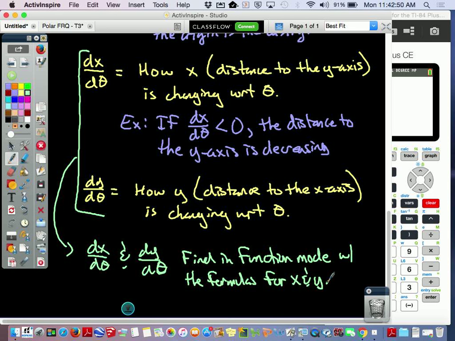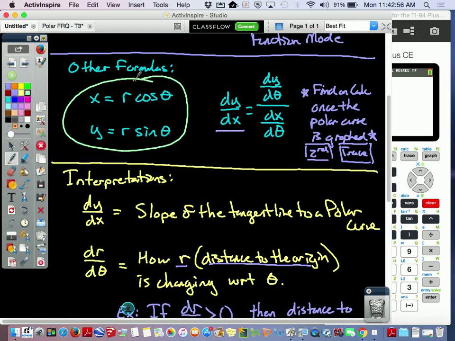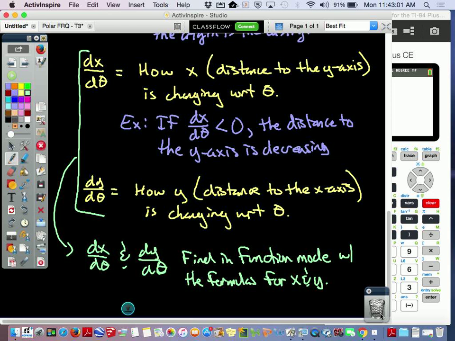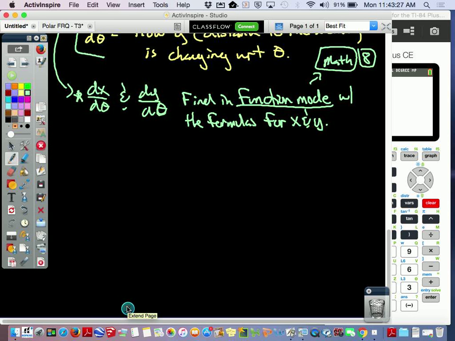Once you have these two formulas for x and y, you can plug those into function mode, and then you would use Math 8, nDeriv, and plug in your theta value, and in function mode it will give you these two values. So that's an important calculation step to remember. We have not had much practice with this, so this is really getting to be our first practice with these pieces.